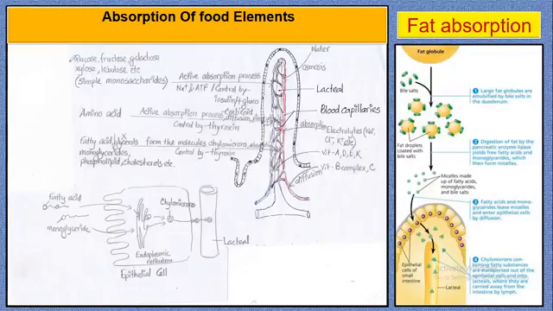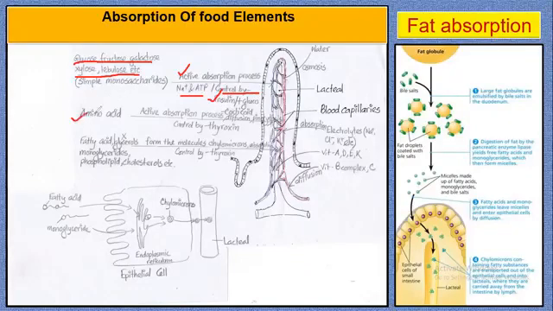The simple forms of carbohydrate are glucose, fructose, galactose, xylose, arabinose. These are the simplest forms. They are absorbed by an active process with the help of sodium and ATP, controlled by insulin and glucocorticoid.